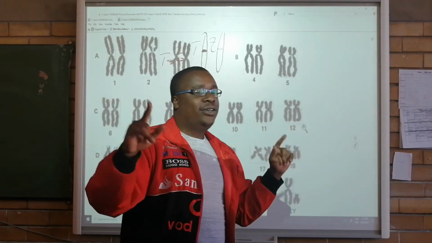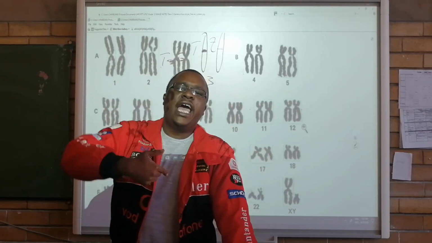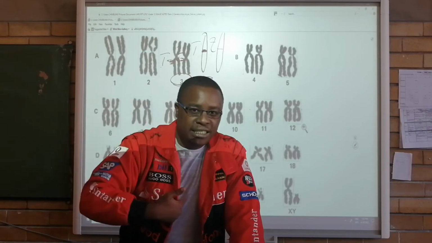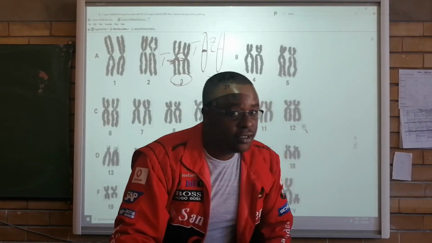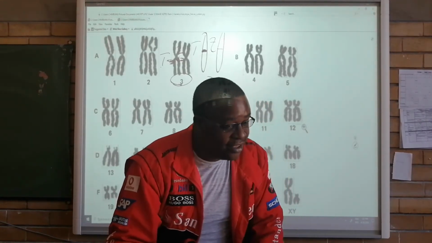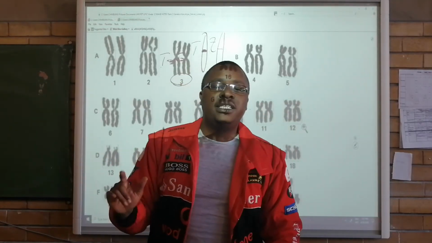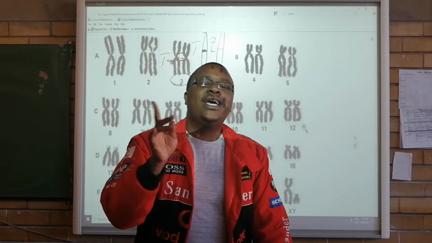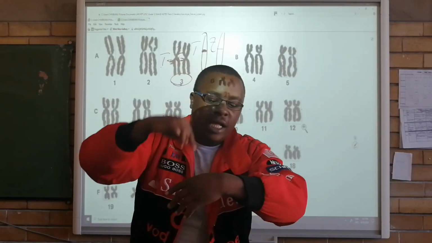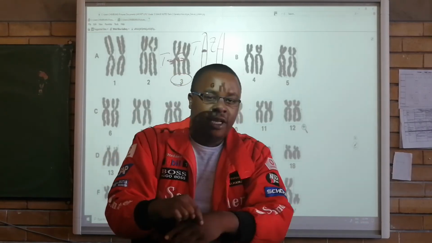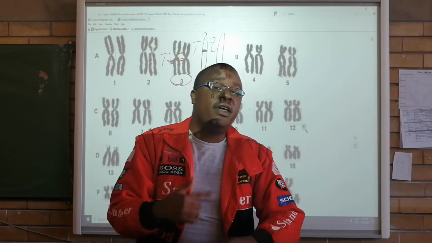Now listen to this. I have genes that are found on my chromosomes. Are we together? If you look at any part of my body, let's pick up here, the cells that are here, if you look at the karyotype, it consists of half a pair from my mom, half a pair from my father.